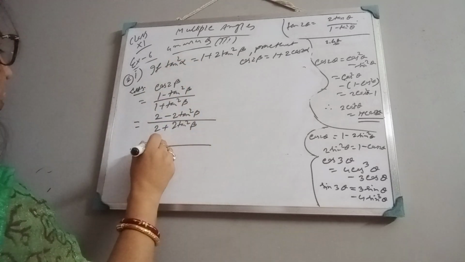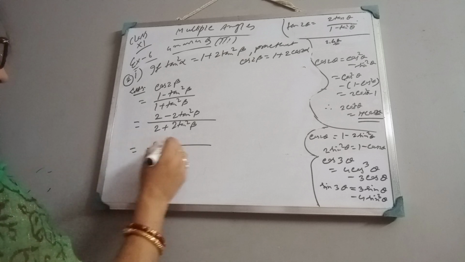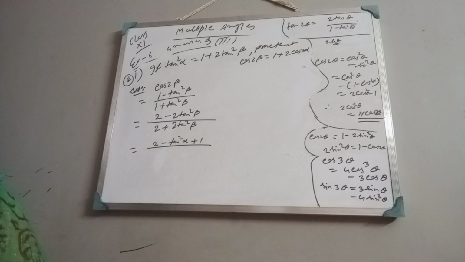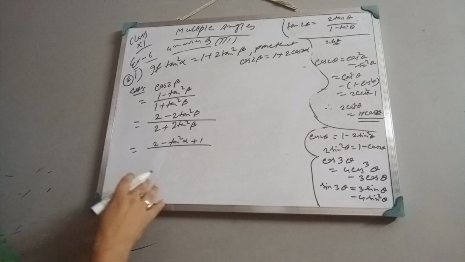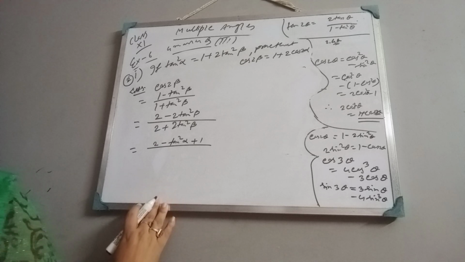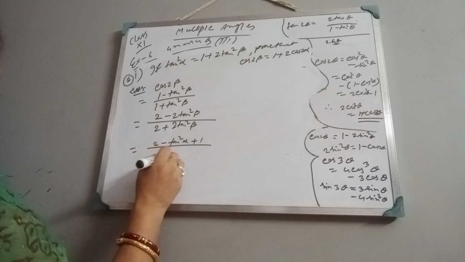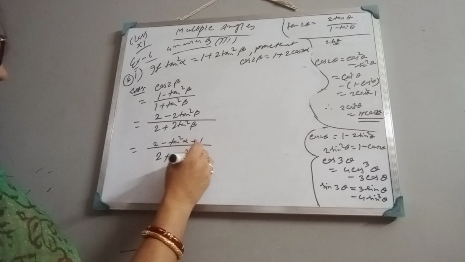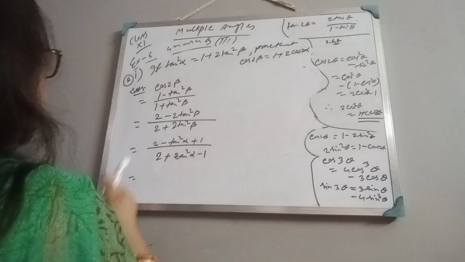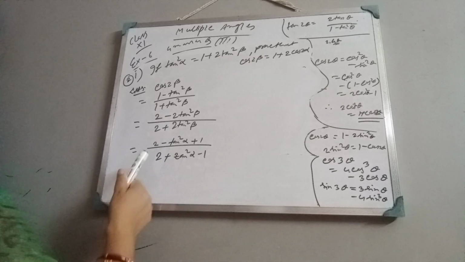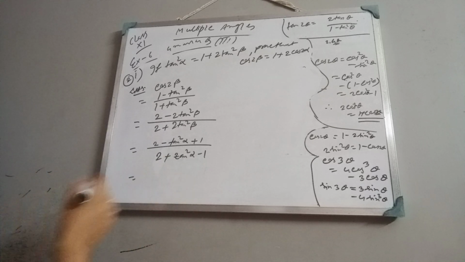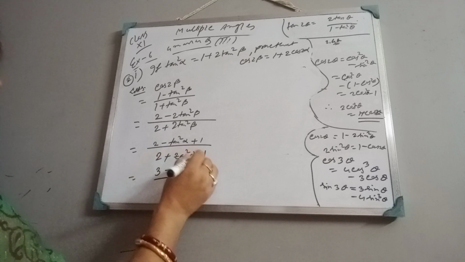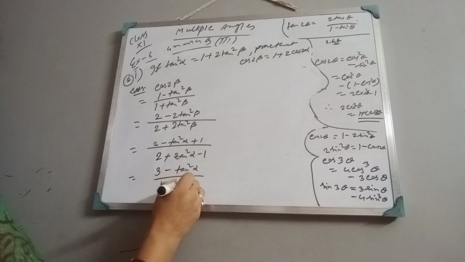So here we will write 2 minus (tan² α minus 1), so minus minus is plus: 2 minus tan² α plus 1. And here 2 plus 2 tan² β means 2 plus tan² α minus 1. So 2 plus 1 gives us 3 and 2 minus 1 gives us 1. So we write (3 minus tan² α) by (1 plus tan² α).